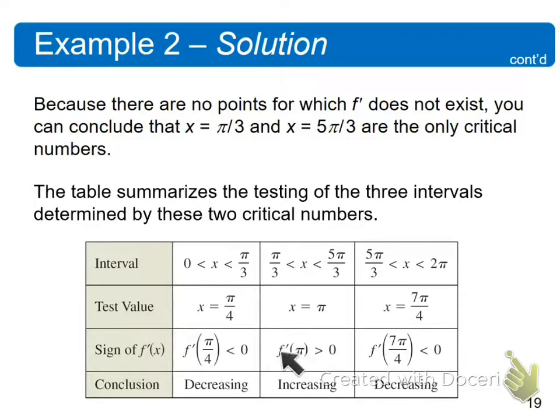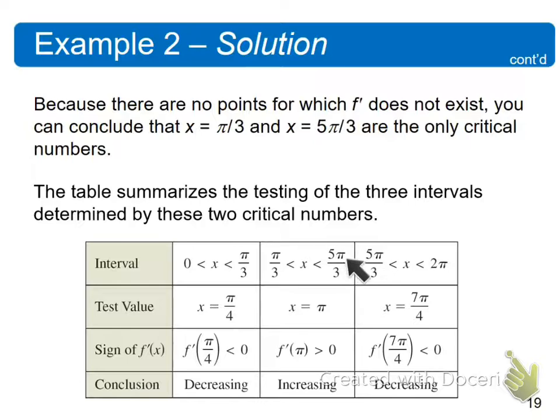I get a positive value, increasing. I get a negative value, decreasing. Fill that in. Here we go. I'm decreasing to increasing, therefore I have a relative minimum where? At pi over 3. I'm increasing to decreasing, therefore I have a relative maximum at 5 pi over 3. Everybody clear of that?